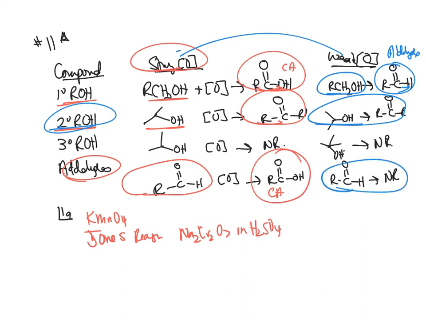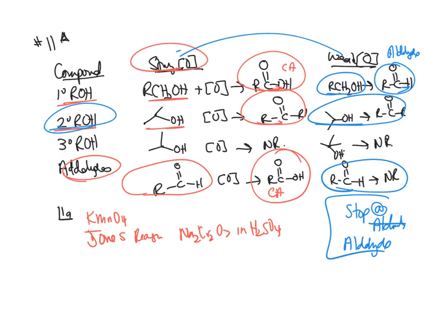So that's a difference. So weak will stop at the aldehyde. Okay, that's really important here. Weak oxidizing reagents will stop at the aldehyde and will not go to the carboxylic acid. Strong will go all the way to the carboxylic acid.